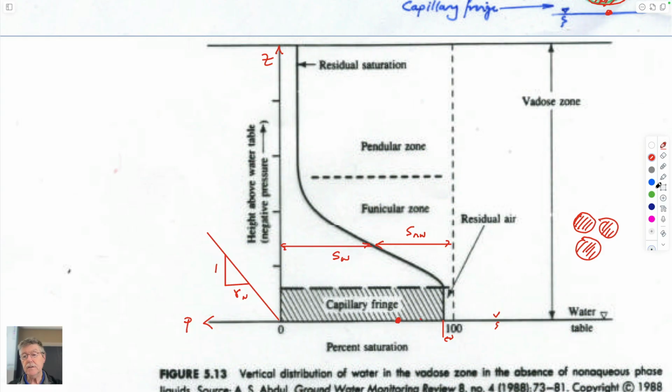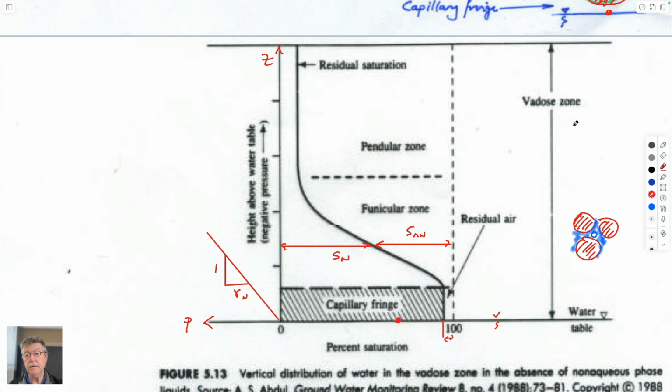And so the funicular zone would be a bubble of air sitting in a whole bunch of water. In our previous figures, there's a little black dot of oil that was floating in a sea of water. But here, air is the non-wetting fluid rather than oil. And so this would be, by definition, funicular saturation.